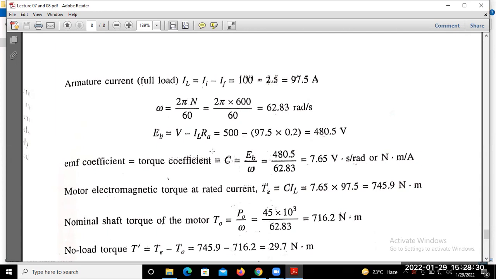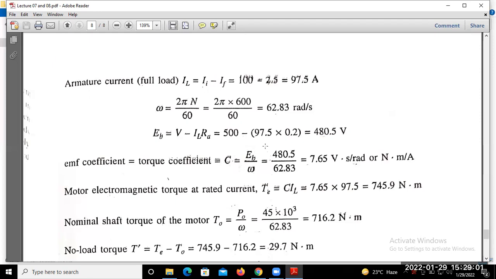Phi, the field flux, is also constant for the DC shunt machine, so it can be included in the machine constant K, that is K equals P z by 2 pi A. So K into phi is represented by another constant, C here. So Eb by omega equals C.